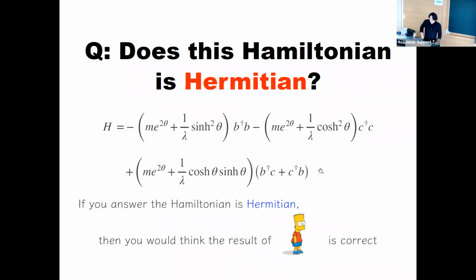So if you answer yes to this question, like if you think this is Hermitian, then you think that Bart's result is correct, because the Hermitian Hamiltonian gives the real energy.